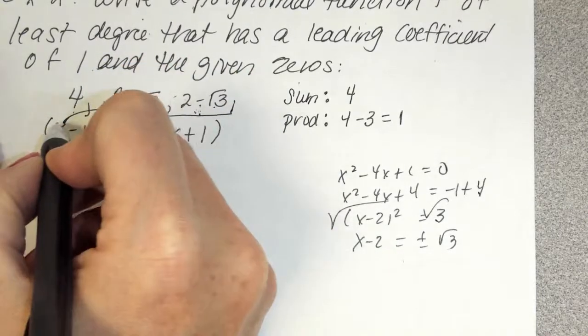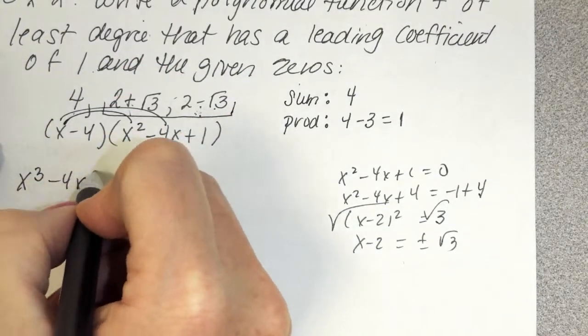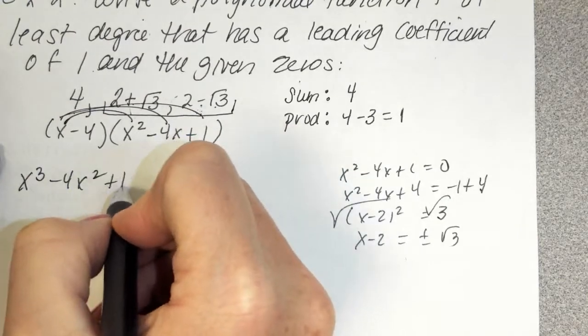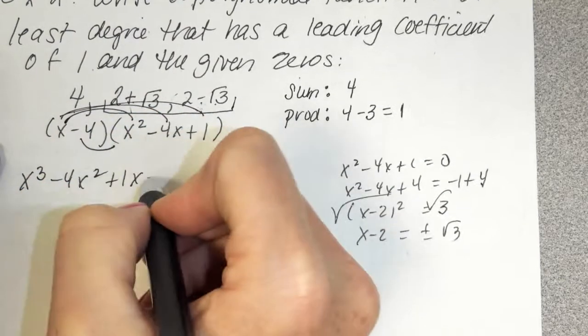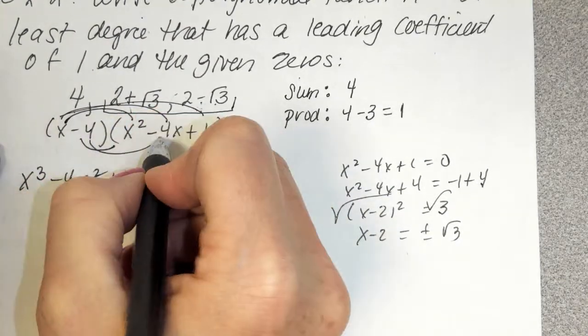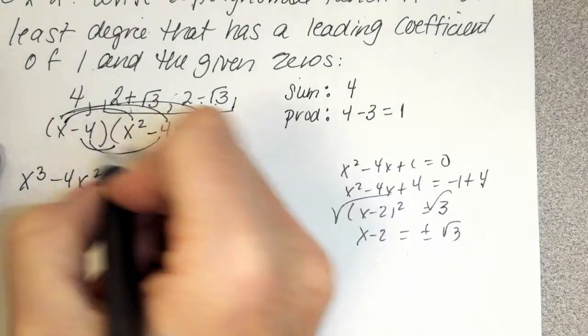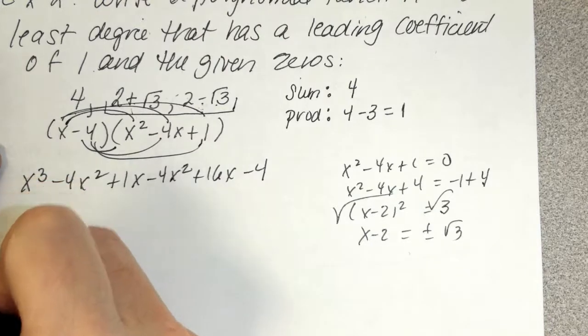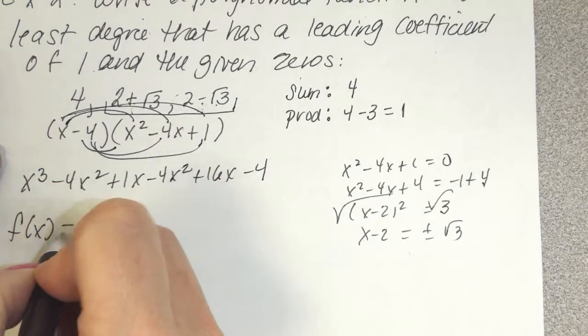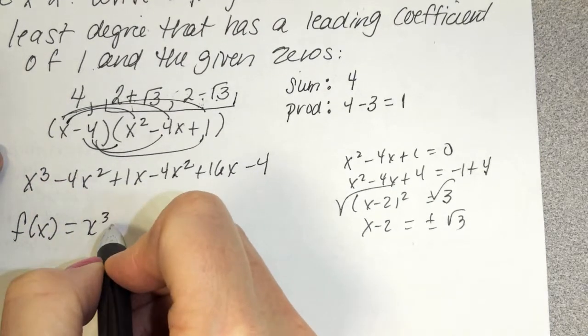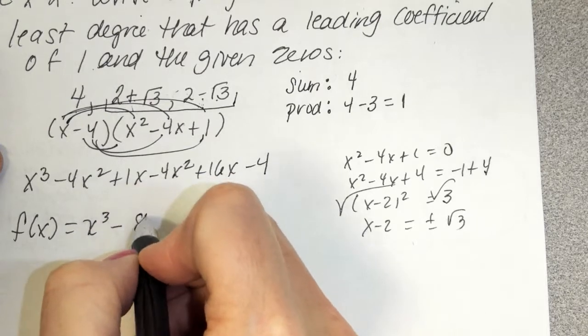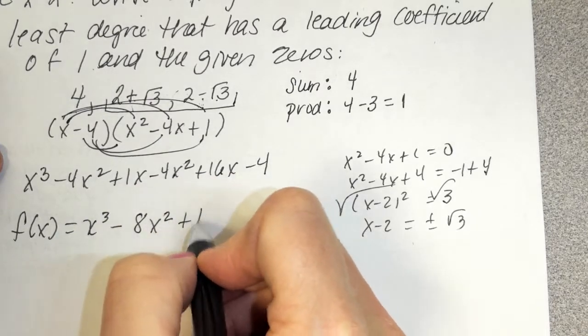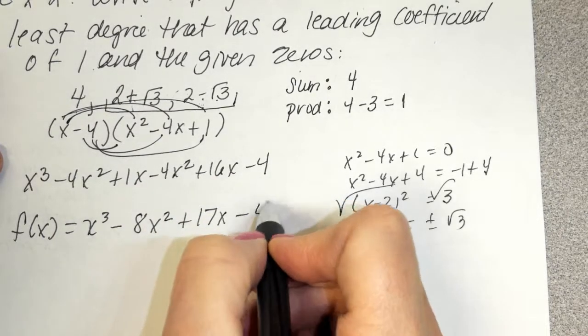That's x cubed, that's negative 4x squared, that's plus 1x, that's negative 4x squared, that's plus 16x, that's minus 4. So my function is going to be x cubed minus 8x squared plus 17x minus 4.